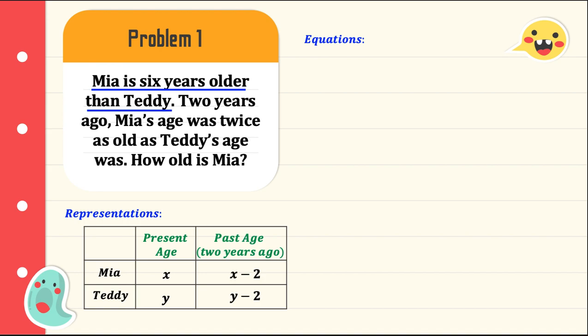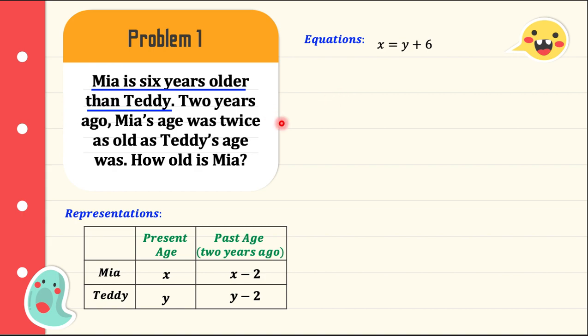So look at the table for the present age. Mia is represented as x and Teddy's age is y. So x is equal to 6 years older than Teddy. Older than is represented as addition. So your first equation would be x equals y plus 6.